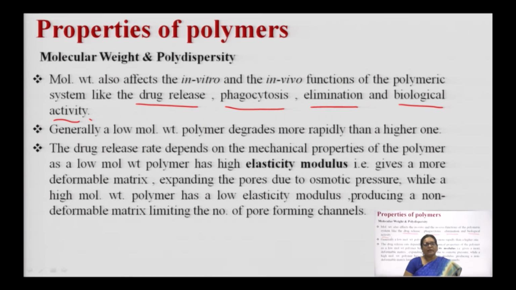Usually low molecular weight polymers will have high elasticity modulus, that is they will form more porous structures. As a result, they will give more scope for osmotic pressure development and drug release, whereas a high molecular weight polymer having low elasticity modulus will produce non-deformable matrices with a lesser number of pores for drug release, and hence will give a slower drug release rate.